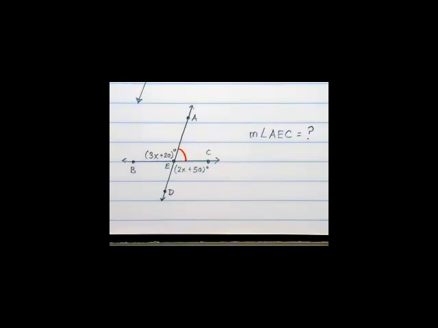BEA and CED. What do I know about those two angles? What are they called? And then what does that tell me about what I need to do with them? What does that allow me to do?